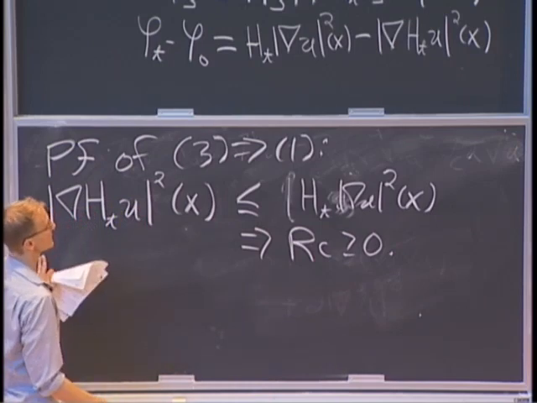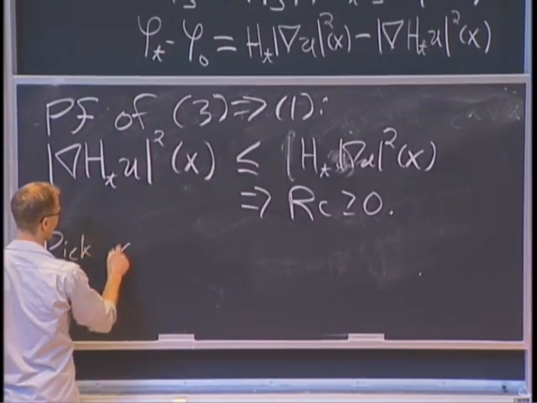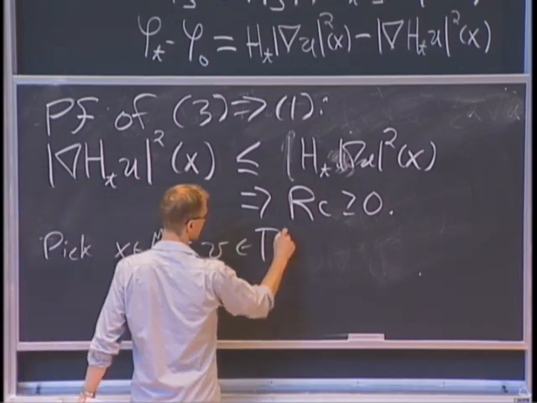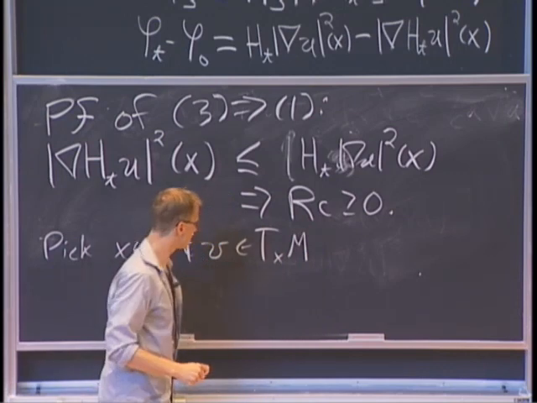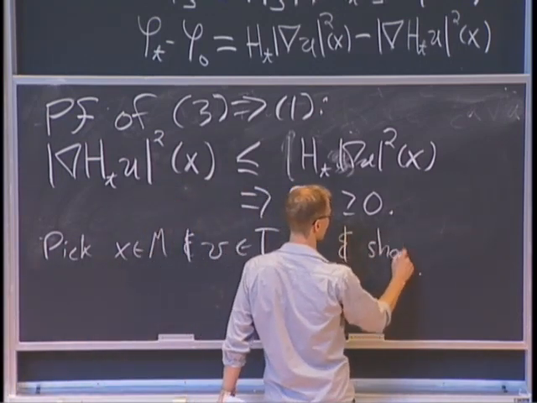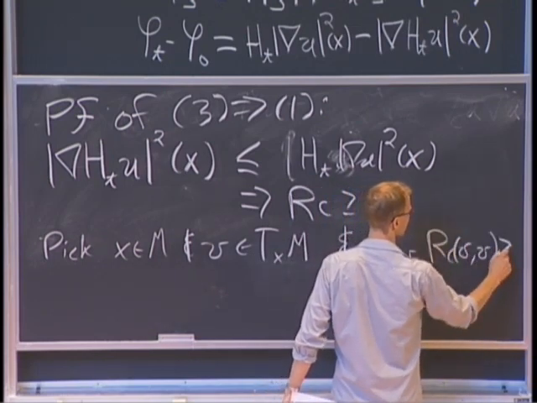So in particular, that means that we want to pick some point x in our manifold and v inside the tangent space of the manifold, and show that the Ricci applied to the VV direction at this point is bigger than or equal to 0.